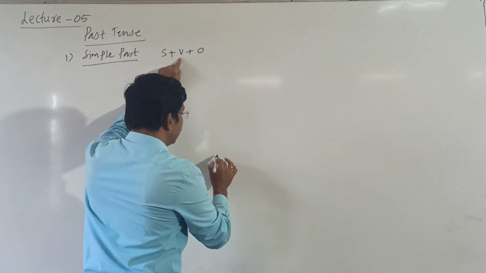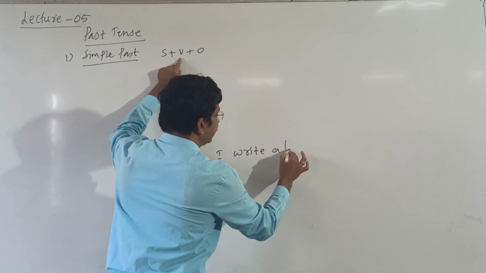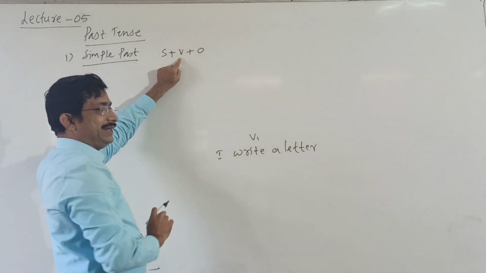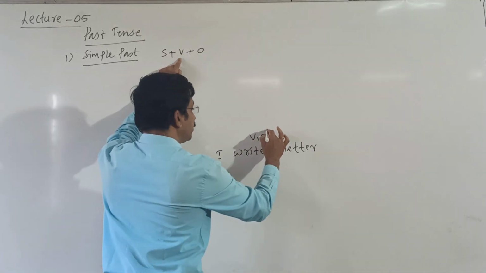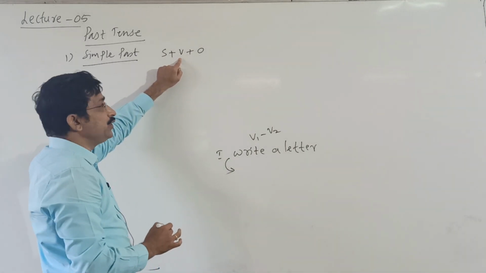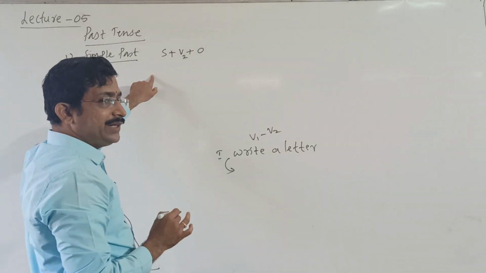Here, if I write a letter, it is V1 form, it is present tense. For its past form we should use its V2 form, the next form. Hence, it should be S plus V2 plus O.